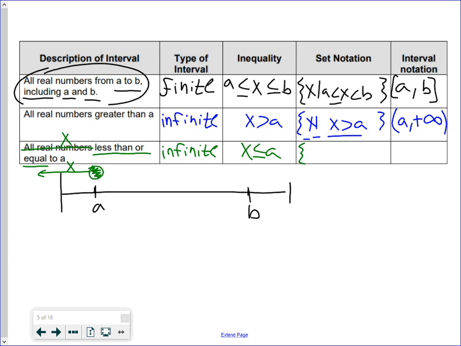Now for our set notation, this is the inequality with the squiggly lines: x such that x is less than or equal to A. Close off the squiggly lines.